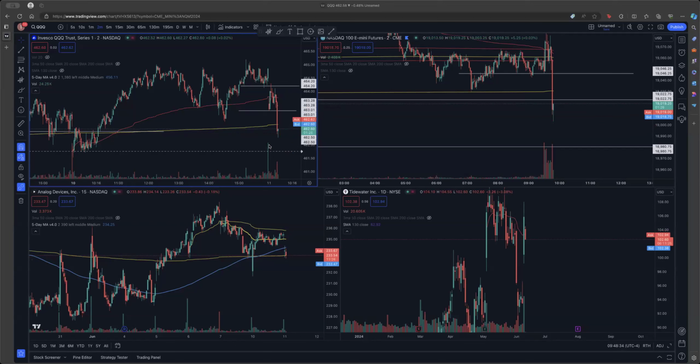Not a pair, it's NQ. We're talking about NASDAQ futures, which is QQQ's equivalent. We're waiting to long NQ or QQQ when NASDAQ touches 18,980. That is all we're looking for.